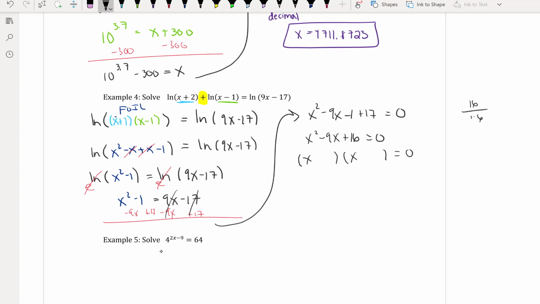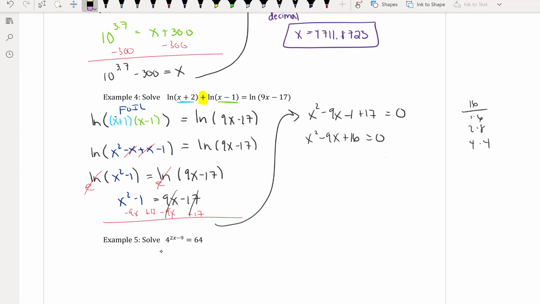I have 1 times 16, 2 times 8, and 4 times 4 is 16. So is there any way to get a 9? I don't think there is. So I tried to factor, but it's not going to factor. So it's like, okay, I gave that a try.